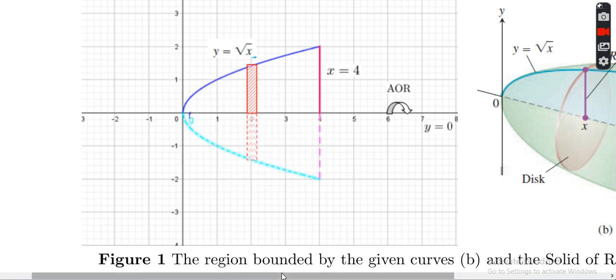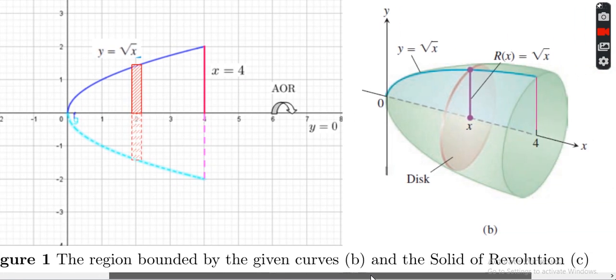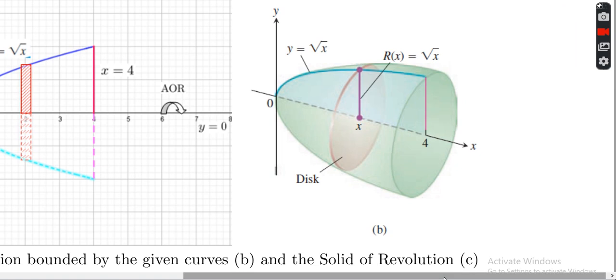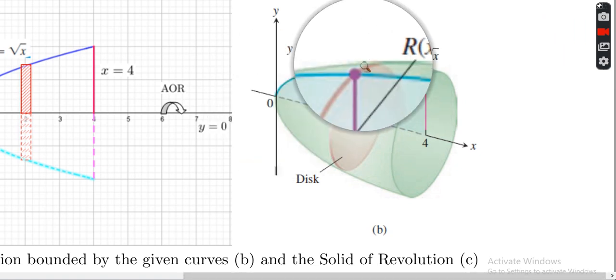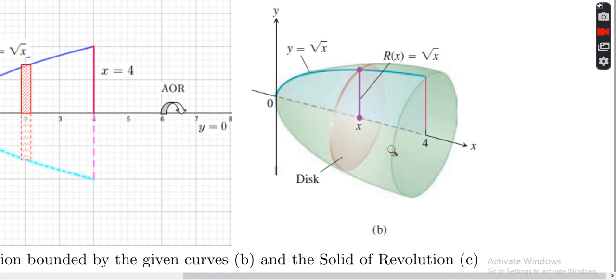Now, kapag dinrow natin to, kapag ating tiningnan tong 2-dimensional graph na to into 3-dimensional, what we have is this. Ito yung solid na na-generate upon revolving the region along the x-axis.